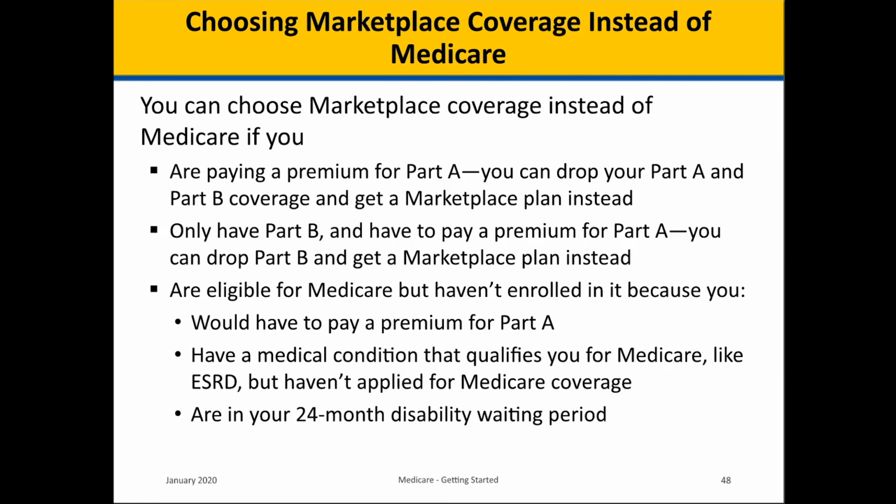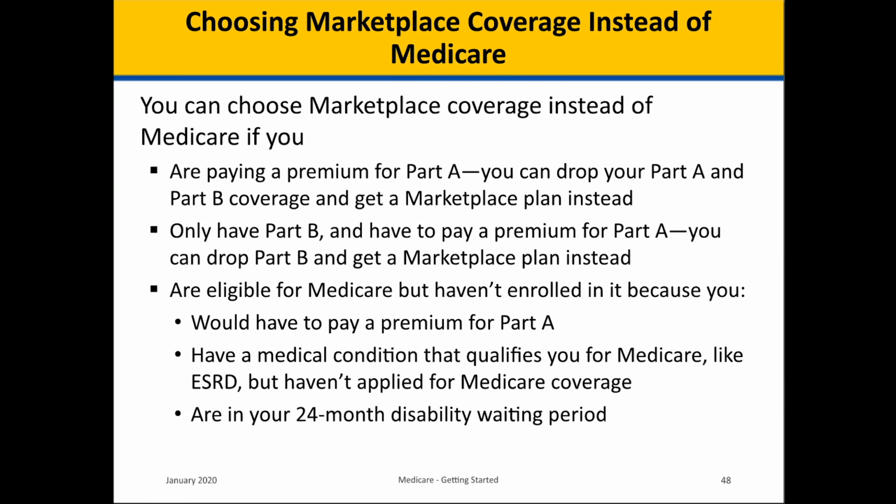Choosing Marketplace coverage instead of Medicare, you can choose that in a few instances. If you're paying a Medicare Part A premium and you don't have the work history or the appropriate quarters of coverage, you can drop your Part A and B coverage and get a Marketplace plan instead.